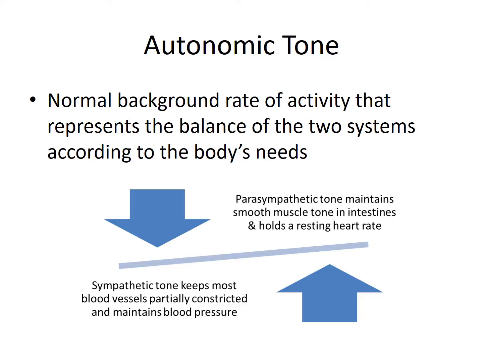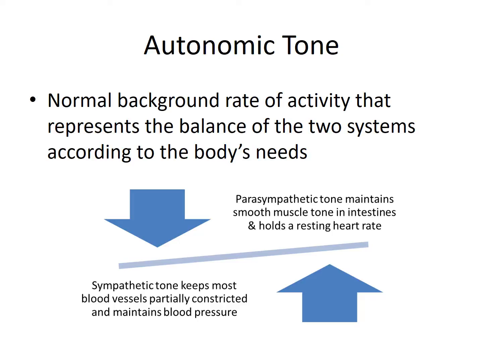Another additional term that we need to describe when we talk about the autonomic nervous system is the idea of autonomic tone. And you remember we talked about dual innervation. What this is, is that there is a normal background rate of innervation by both of the subdivisions of the autonomic nervous system.